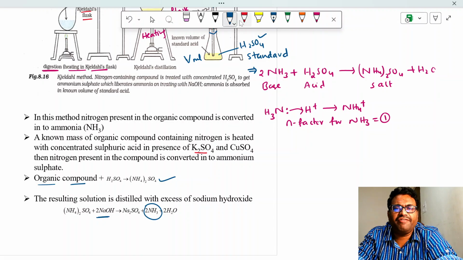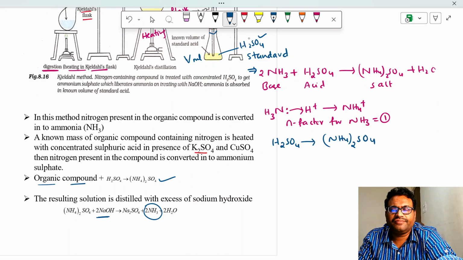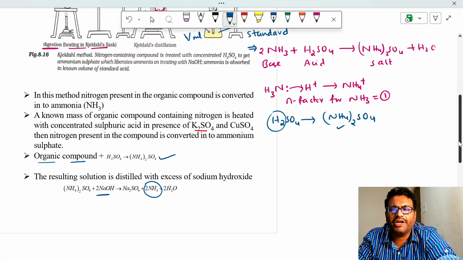What is the n-factor for H2SO4? H2SO4 is converted into (NH4)2SO4. So 2 hydrogens are replaced. How many hydrogens are replaced? 2 hydrogens are replaced.